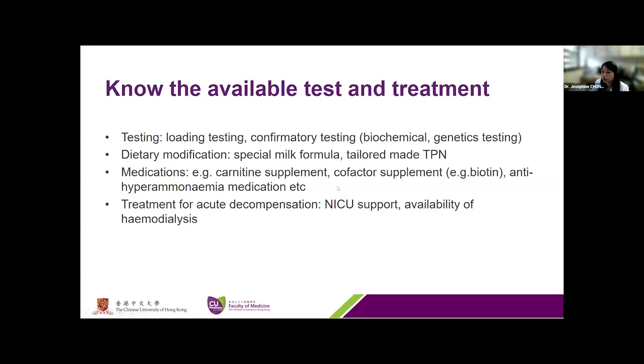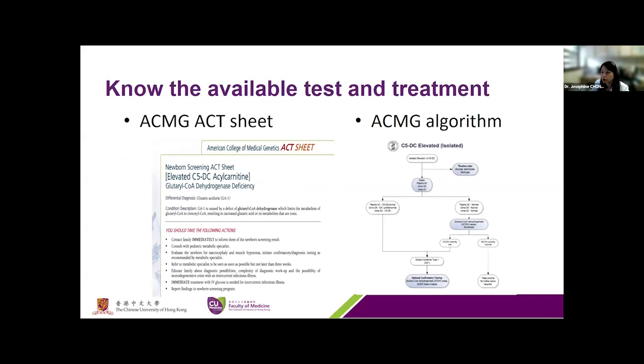Some conditions, if they really decompensate, may need NICU support, or renal team support for hemodialysis, such as acute presenting conditions with very high ammonia results. So for each result, we need to plan the follow-up and the callback.